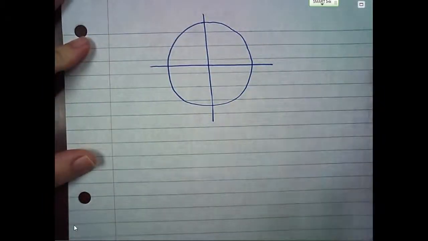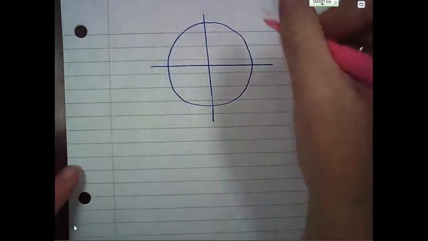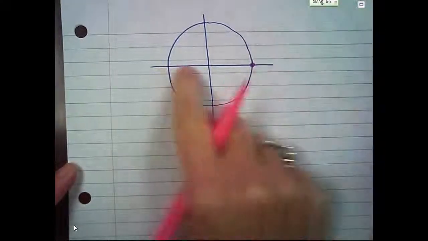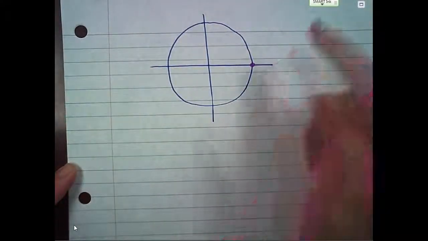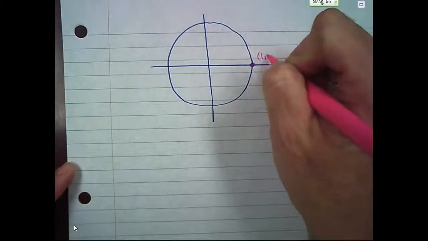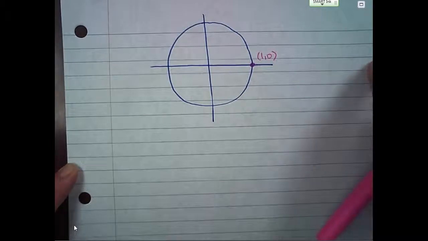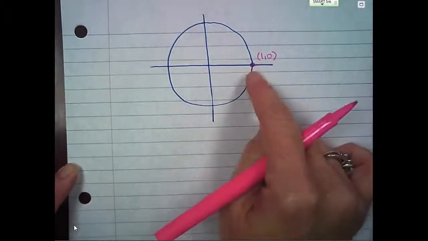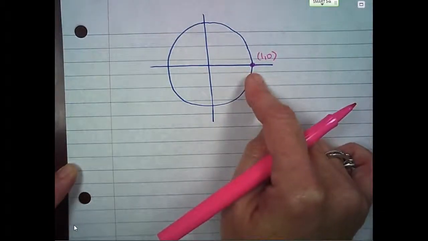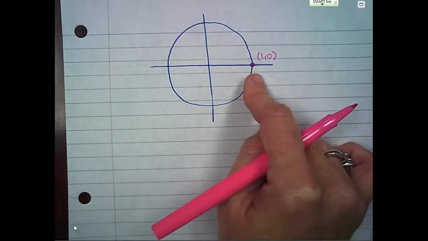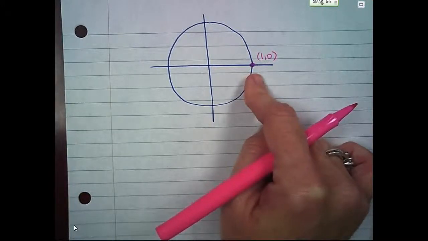What point is way out here? The most farthest we travel on the x-axis is what point? 1, 0, right? We just stop at 0. The graph keeps going though, doesn't it? The farthest out that we went in the circle is 1. Hence being unit circle, we're using a radius of 1, okay?